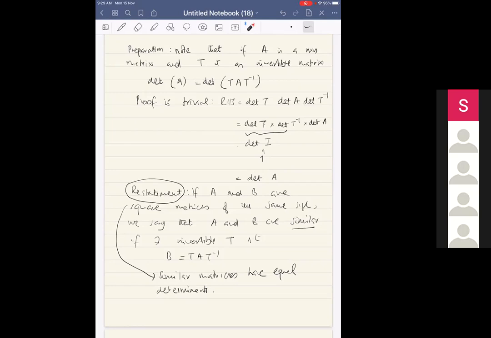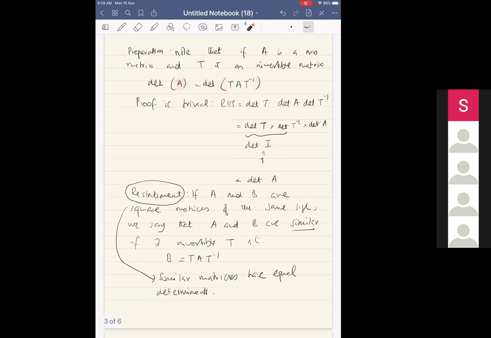You take A, pick an invertible matrix T, and form the new matrix. This new matrix is got from A by conjugating with an invertible T. That is a phrase you should get used to: conjugation by an invertible matrix.